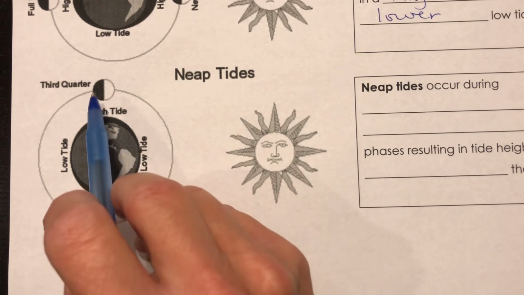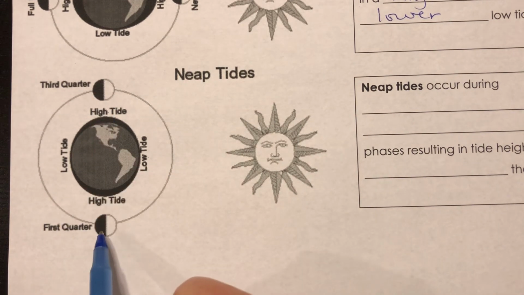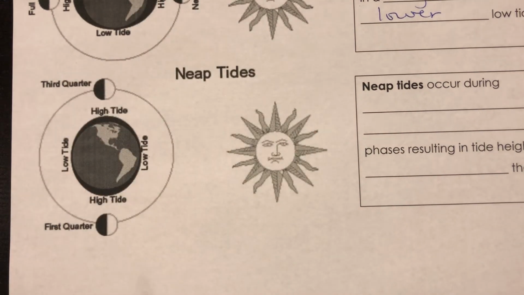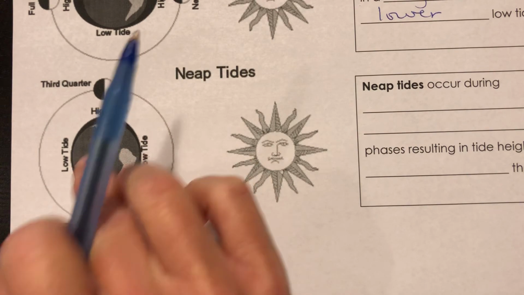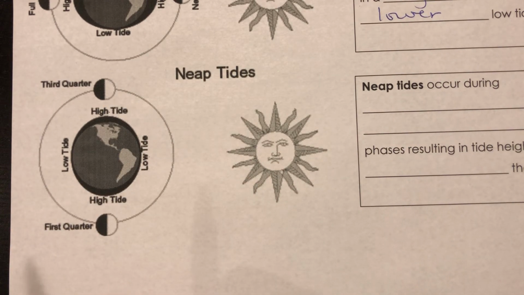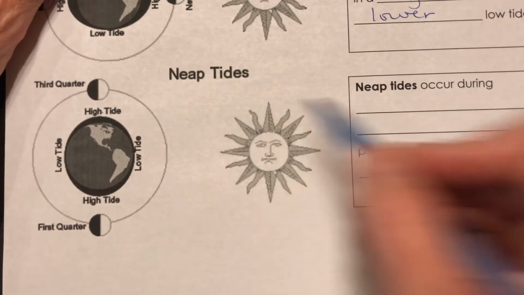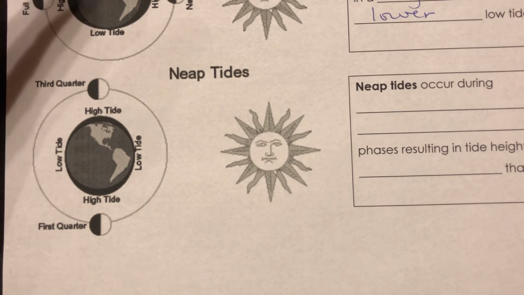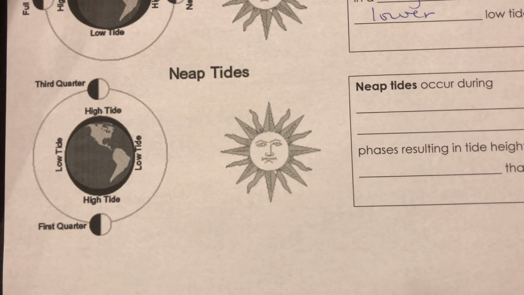So when we have first quarter or third quarter, during those moon phases, your high tide is lower and your low tide is lower. So again, it can be kind of scary if you're out on the water and you have seriously low tides and you're used to the water being at a higher level, you could get yourself stuck. Or maybe you wouldn't be able to catch as many fish.